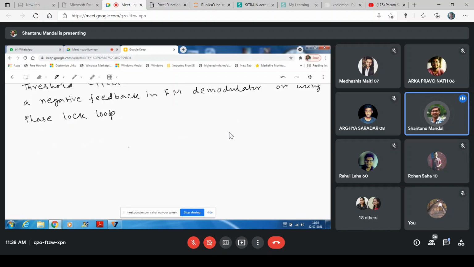So connecting negative feedback, that is in the case of threshold reduction.